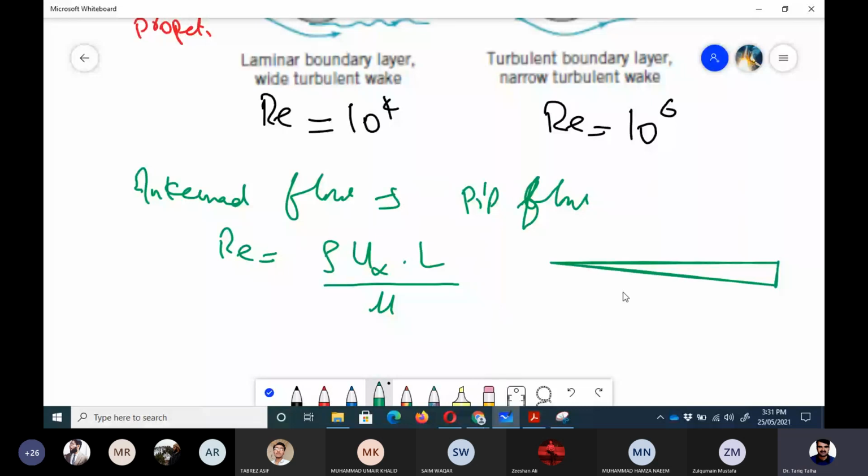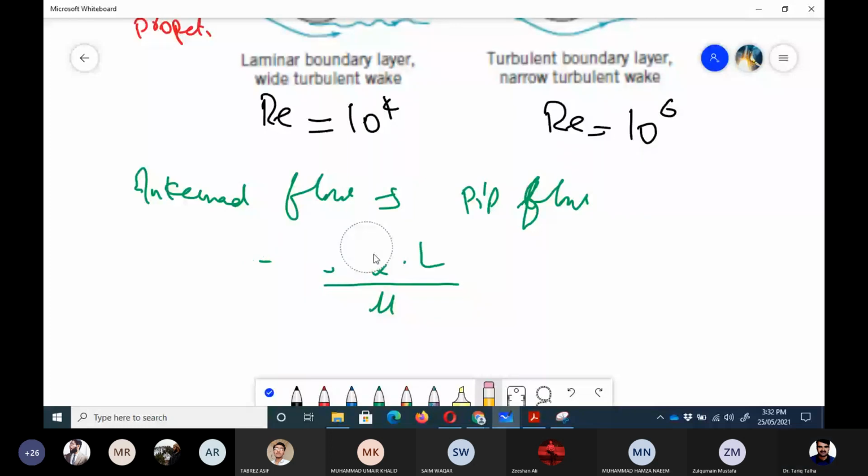My drawing is not the best, but okay, this is the length, right? No, it is not the internal flow. This is not right. I just wrote this formula for the external flow.